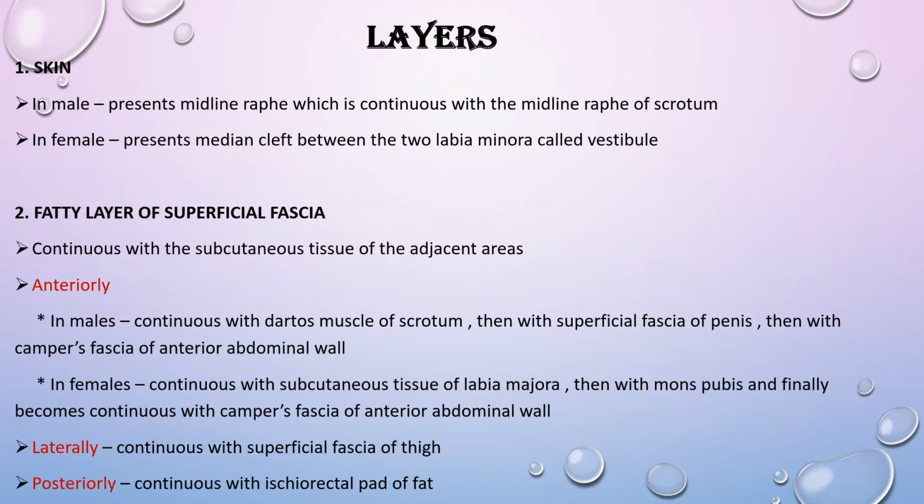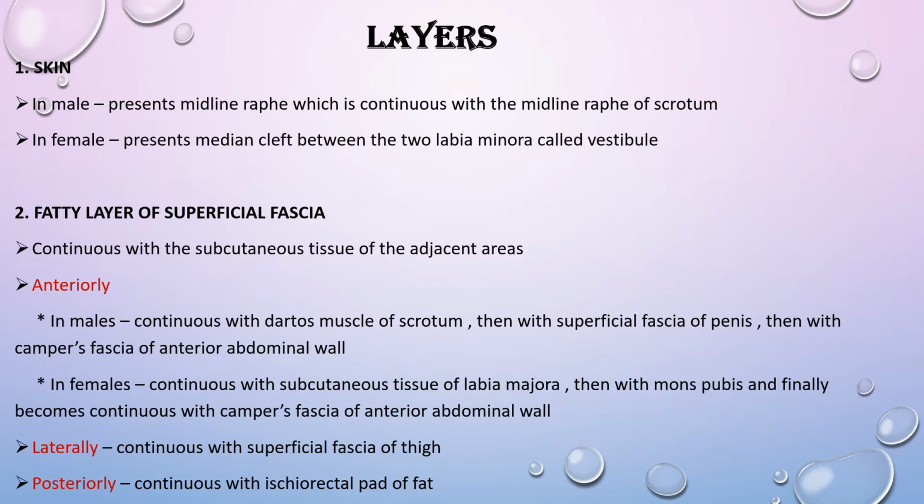Anteriorly, in males, the fatty layer of the superficial fascia of the perineum is continuous with the dartos muscle of the scrotum. Then it continues with the superficial fascia of the penis. Finally, it is continuous with the Camper's fascia of the anterior abdominal wall.